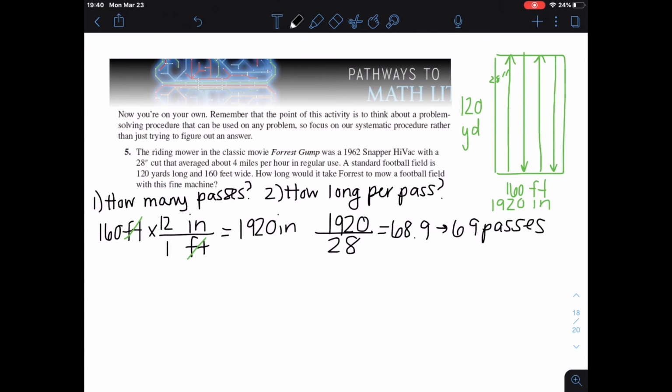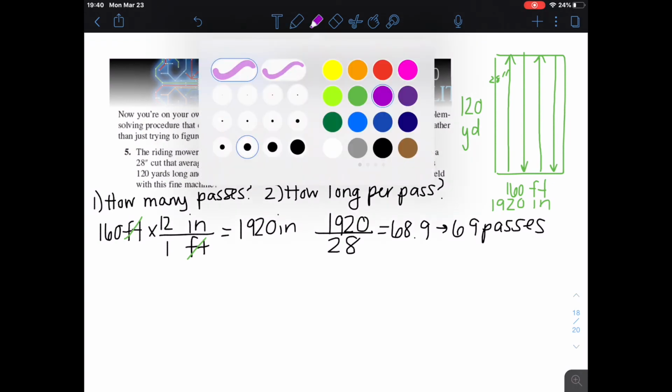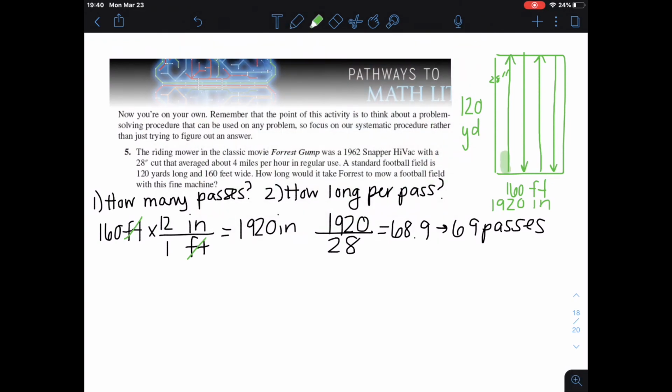Okay? So each one of these passes is going to be 120 yards, and he's going to do 69 of these. So let's figure out his total distance he's driving.